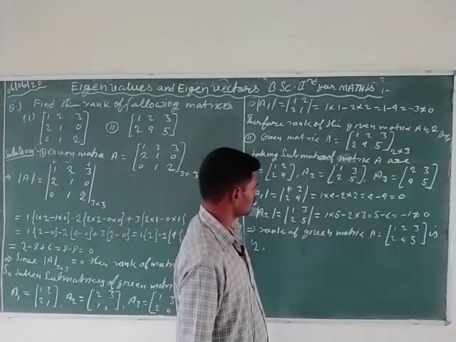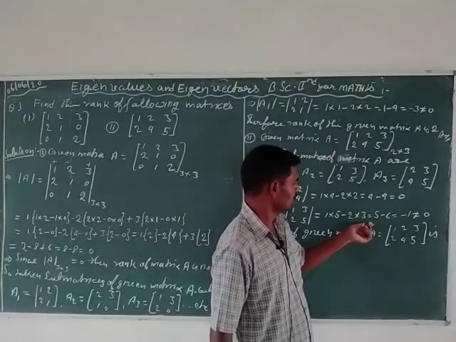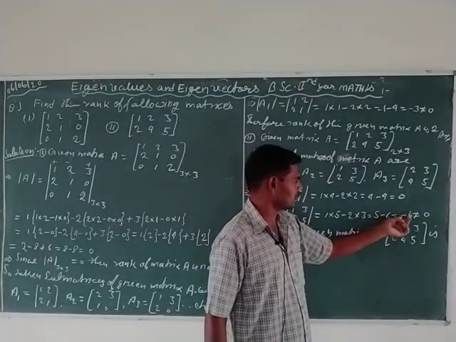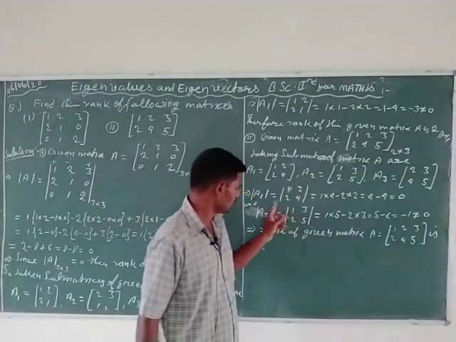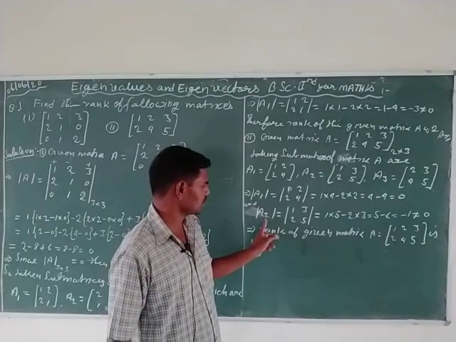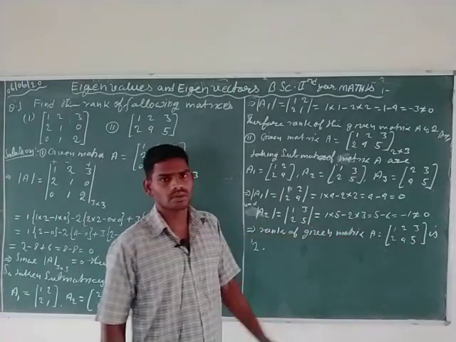For [1 3; 2 5], the determinant is 1 times 5 minus 2 times 3, which is 5 minus 6, equal to minus 1, and not equal to 0. Here A2 is a submatrix of the given matrix whose determinant is not equal to 0.